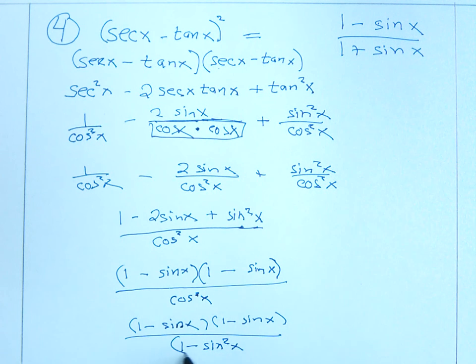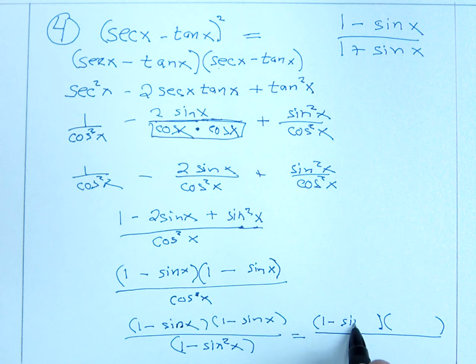Can't we also factor this? Isn't this a difference of squares? It's 1 times 1 and sine times sine. So the numerator is still 1 minus sine times 1 minus sine, and in the bottom we have 1 times 1 and sine times sine.